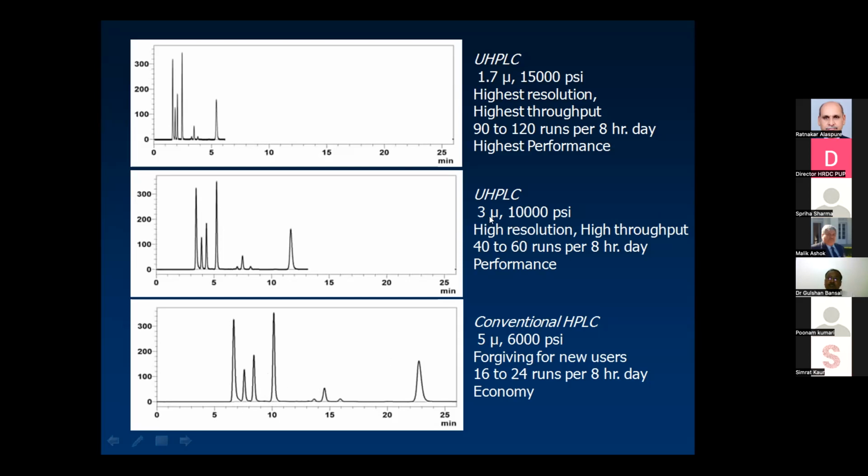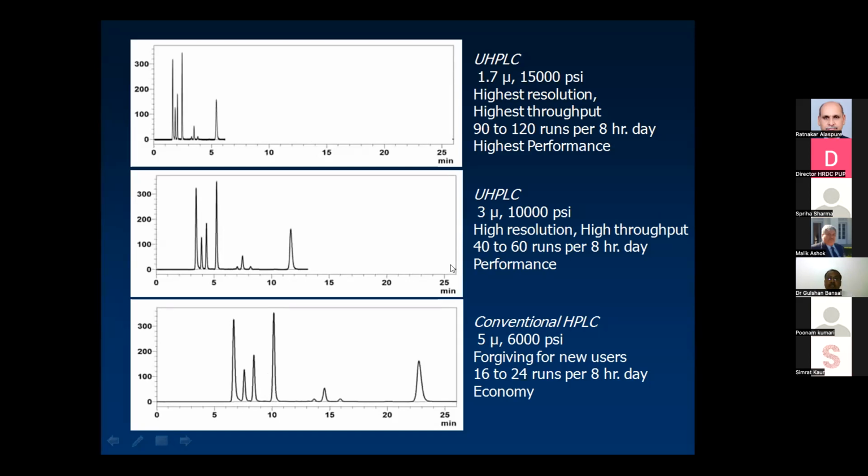And if we decrease the particle size, then the resolution is increased, right? And if we further decrease the particle size, the resolution is further increased. So what are the different changes which we are seeing here? When we are using conventional HPLC, the total runtime is around 25 minutes.